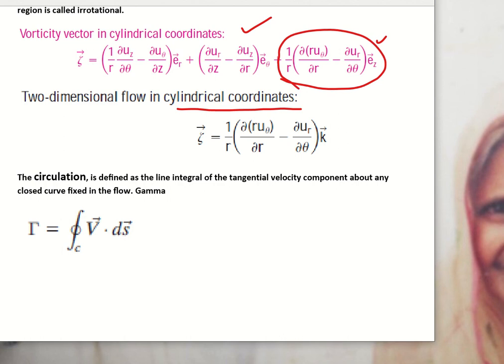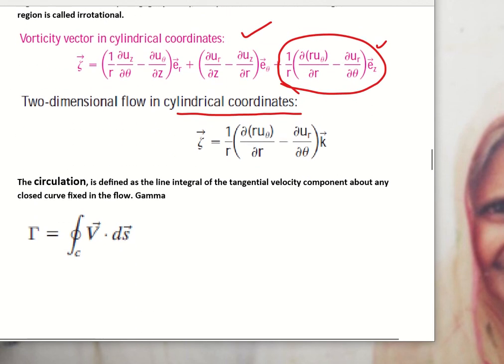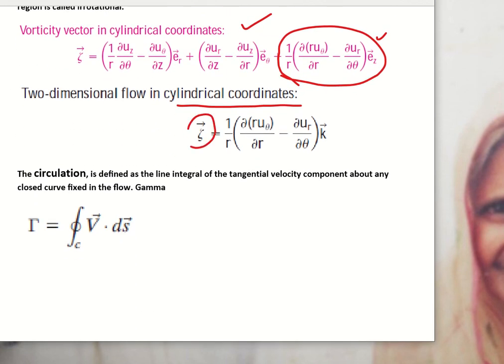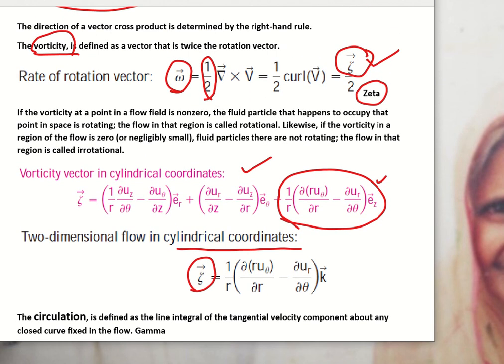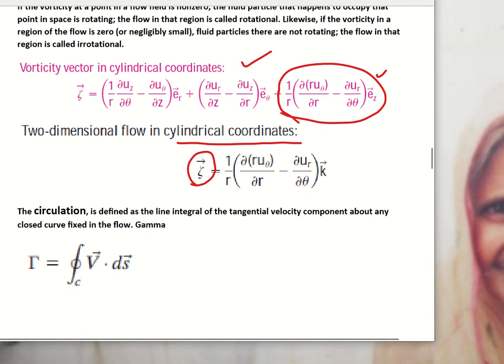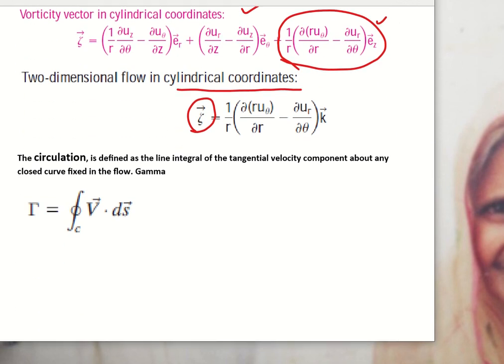So if we have two-dimensional flow in the r theta plane, then zeta, which is vorticity, which is twice the rotation, is equal to 1 over r (del over del r of (r u theta) minus del u r over del theta) k cap. Right. So please remember these things, because they will be helpful in solving some numericals.